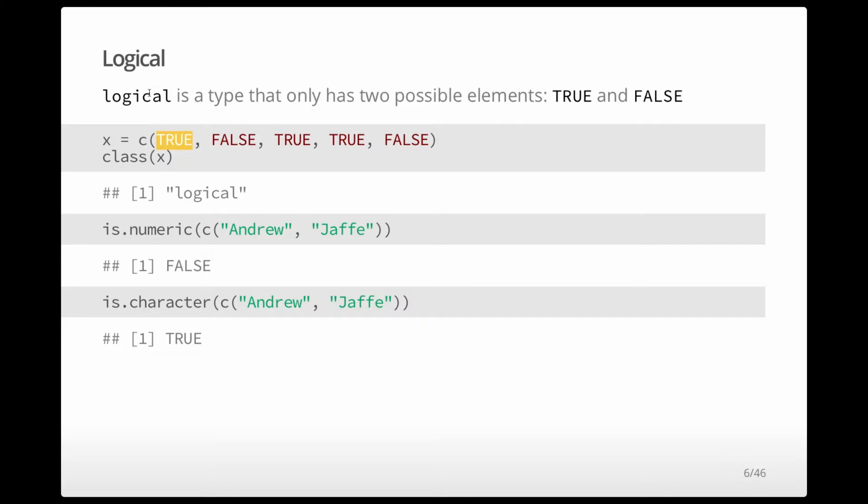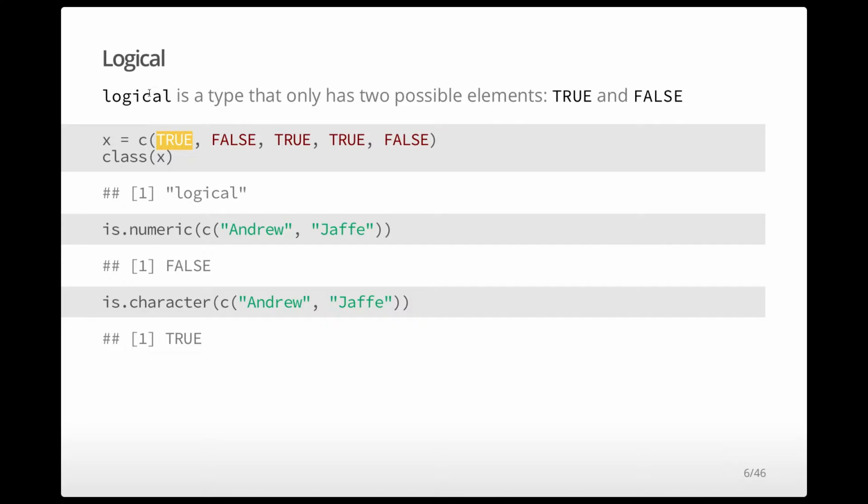Now, we showed you this yesterday. There's an is.na function, right? That tests whether something is an NA. There are a whole slew of other is-dot functions. So here, we're saying, let's collect this vector together. It's a character. Is it numeric?